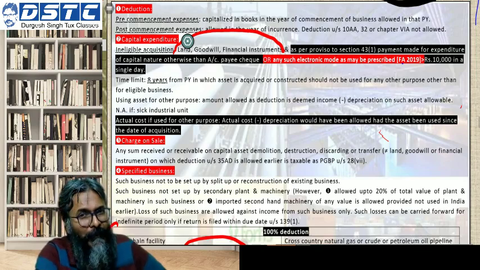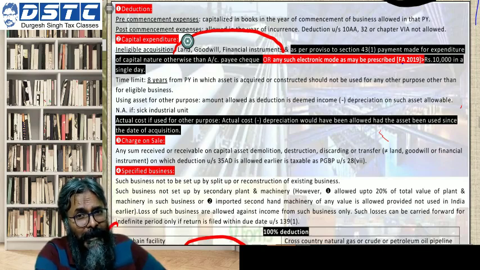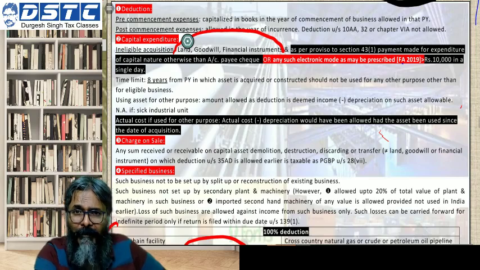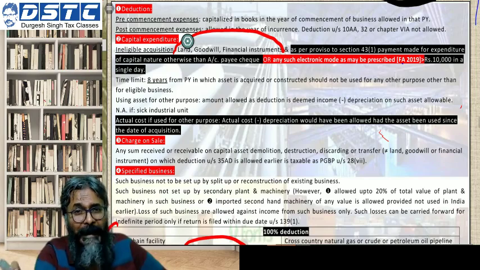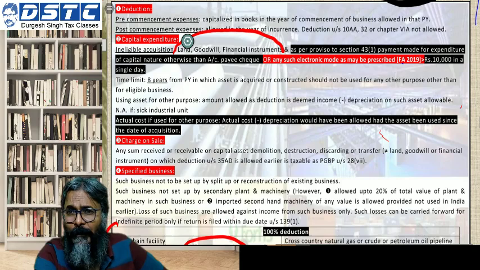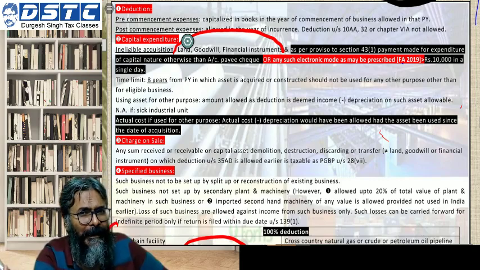And because it will not form part of my actual cost, will I be eligible to claim the deduction in respect of the expenditure? The answer is no. If it doesn't form part of my actual cost, then you will not be allowed the deduction of that particular expenditure that you have paid for in cash.